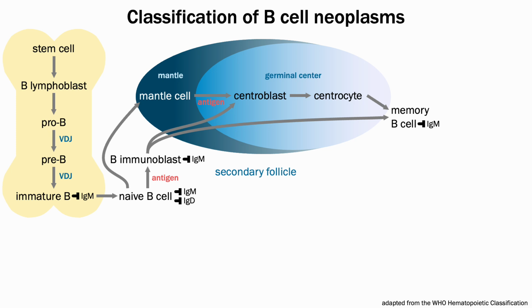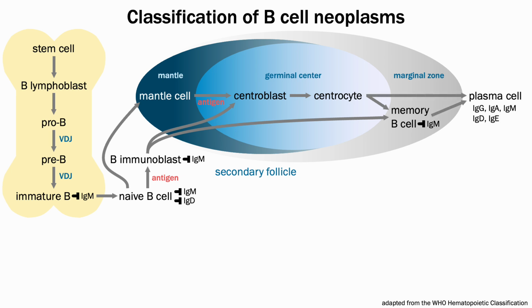Immunoblasts and germinal center cells can develop into long-lived memory B cells, and these cells can either circulate in the peripheral blood or deposit in the marginal zone, becoming marginal zone cells. Germinal center cells and memory B cells can further develop into long-lived plasma cells, which function as antibody factories.